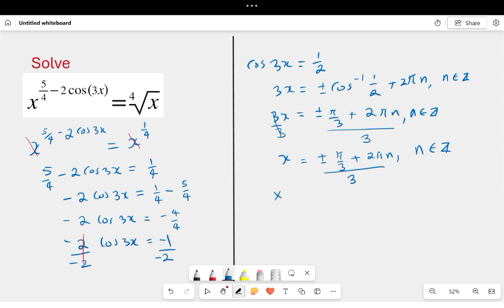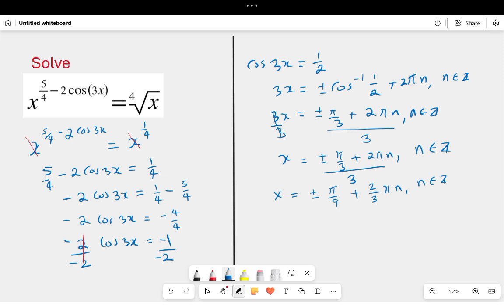So finally, our answer is going to be pi over 3 divided by 3, which is pi over 9, plus 2 pi n divided by 3, which is 2 over 3 pi n, whereby n refers to all the integers. Now, this is the final solution.